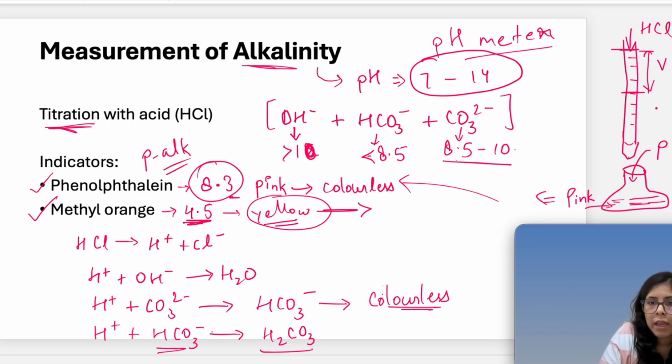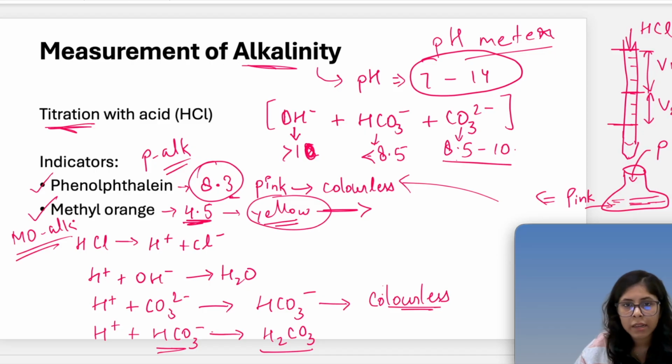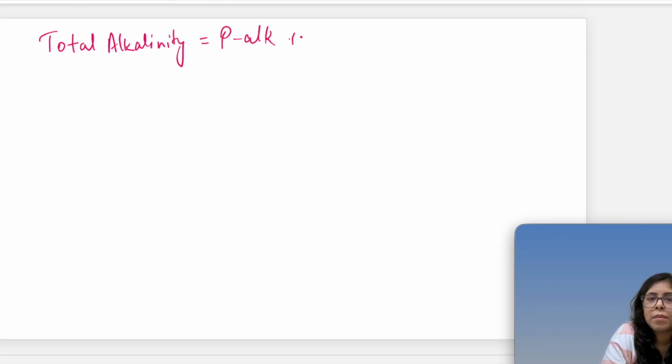Then the volume it will take up to the methyl orange endpoint, V1 we can say, and V2 we can say, we'll be calling methyl orange alkalinity. These two added in combination will give the total alkalinity, right? So total alkalinity is nothing but phenolphthalein alkalinity plus methyl orange alkalinity.